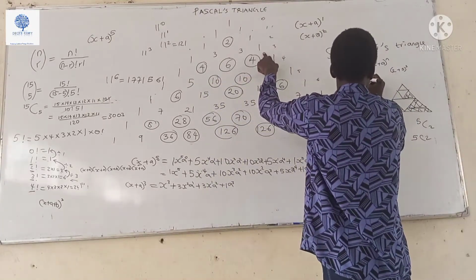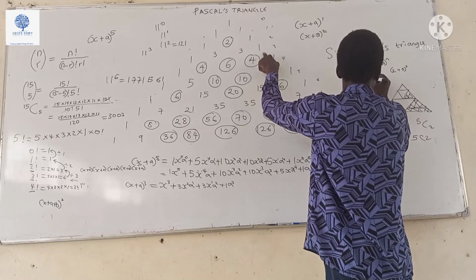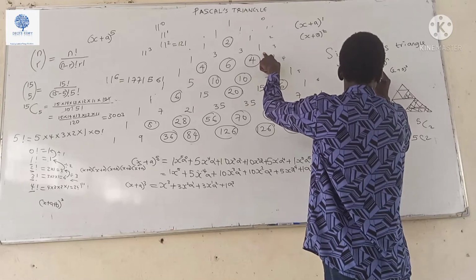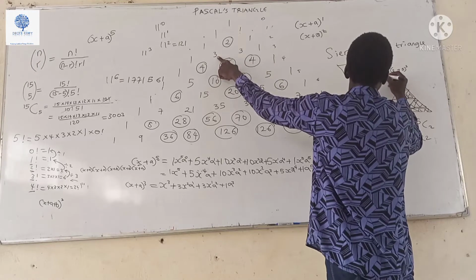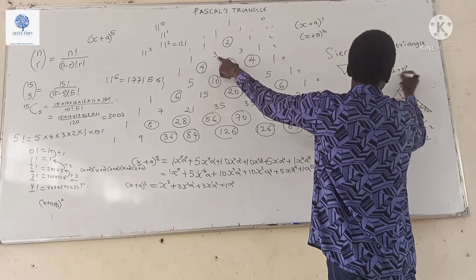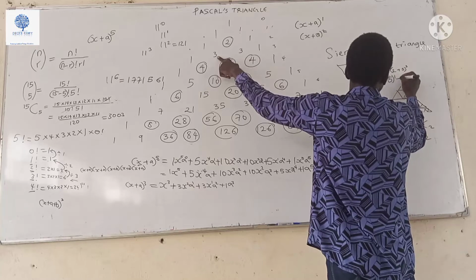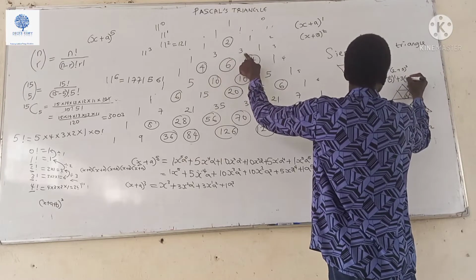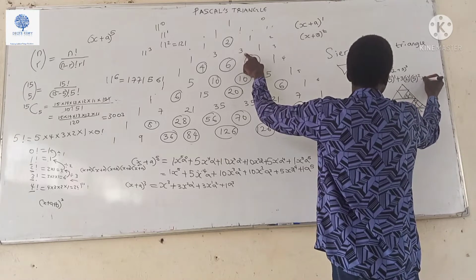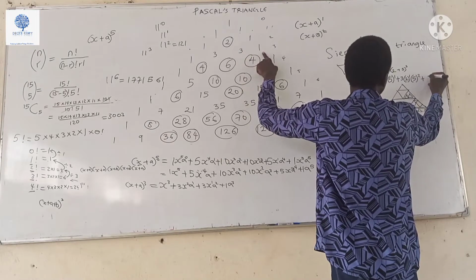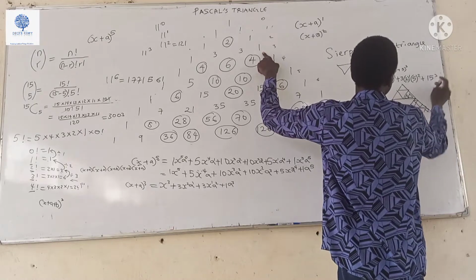So we write 1 times 2 raised to the power of 3, plus 3 times 2 raised to the power of 2 times 5 raised to the power of 1, plus 3 times 2 raised to the power of 1, 5 raised to the power of 2, plus 1 times 5 raised to the power of 3.